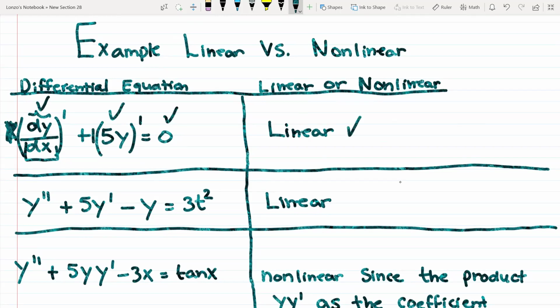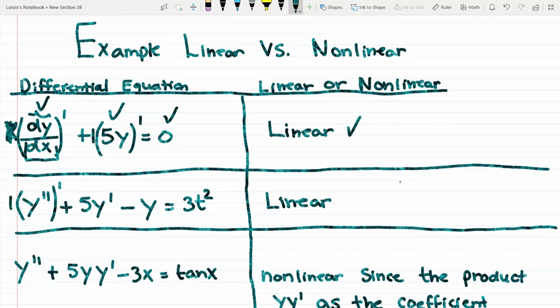We have y double prime plus 5y prime minus y equals 3t squared. So why is this linear? Well, let's look at our power. So y double apostrophe means the second derivative, but it's still to the power of 1. So that's fine. And then let's look at the coefficient. This has a coefficient of 1.